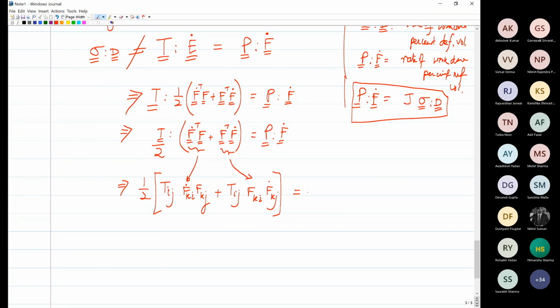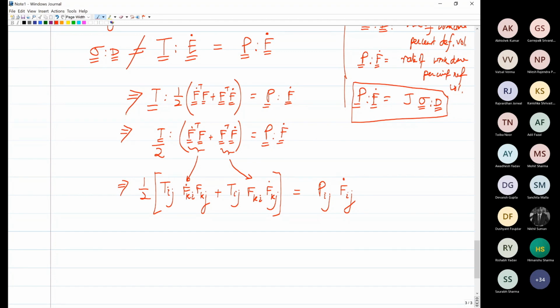And that's equal to P_ij into F dot_ij. Okay, now does anyone know how to move ahead?